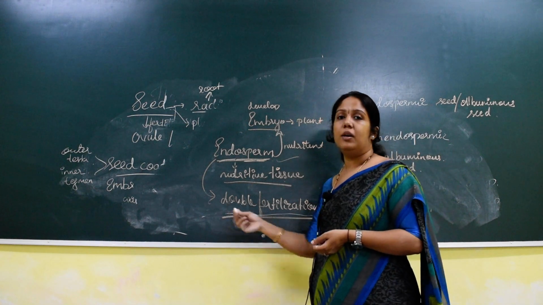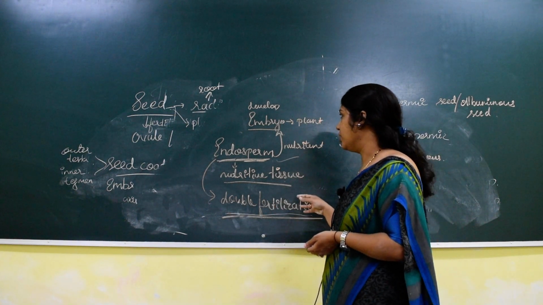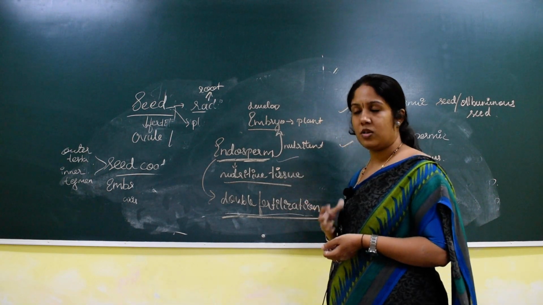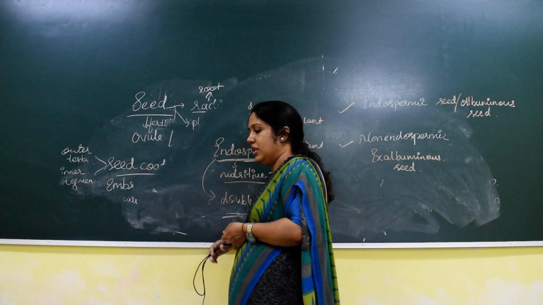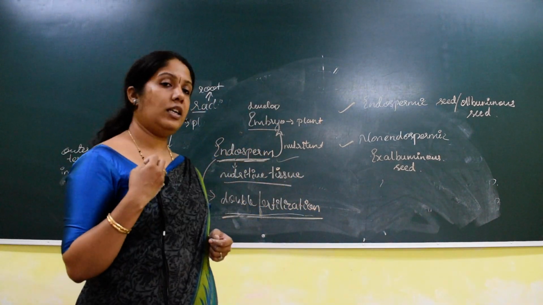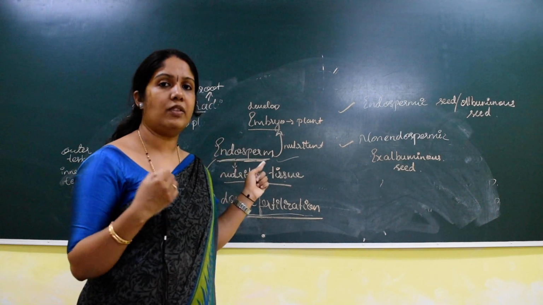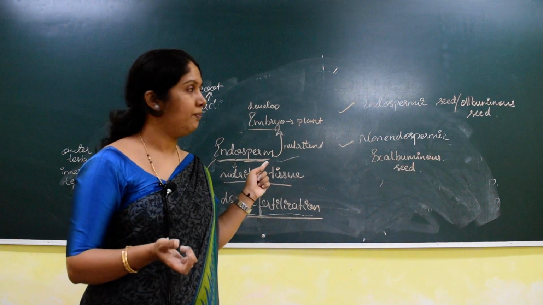At the time of which type of fertilization? Double fertilization. What is the main function of the endosperm? It supplies the nutrients for the developing embryo. The embryo itself gives rise to the new plant.